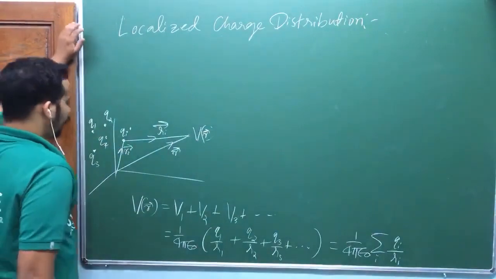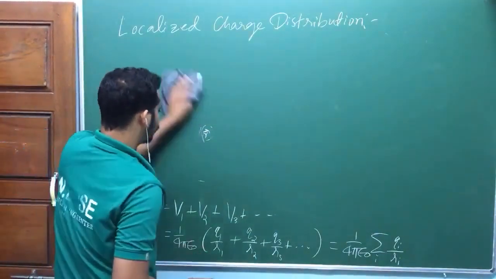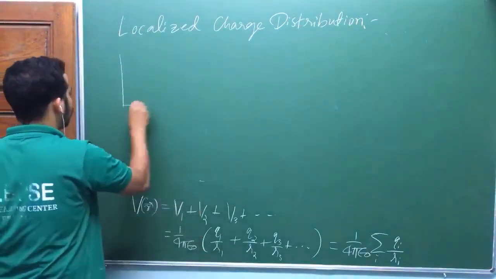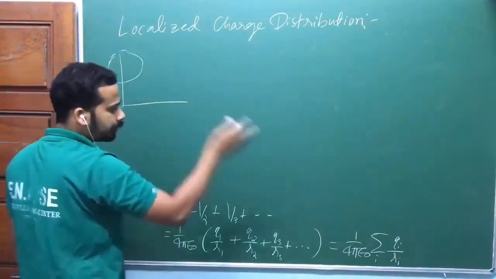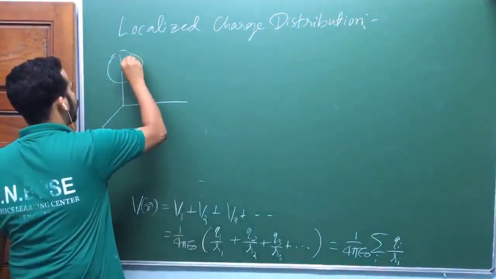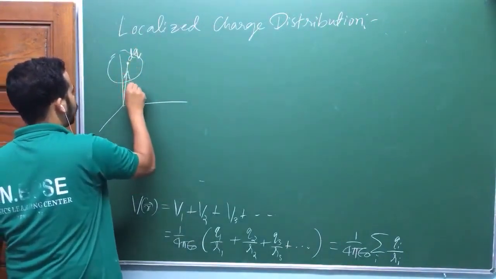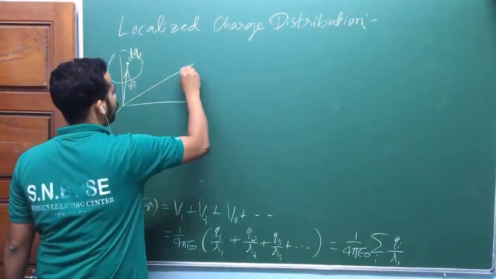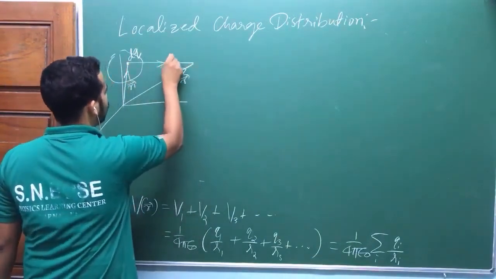Be careful. Now, what I do is, I will take a continuous charge distribution here. I'll take the origin, and some continuous charge distribution, that may be line charge, volume charge or something. Then what we do, we define dq, and we find its distance from the origin, italic r.